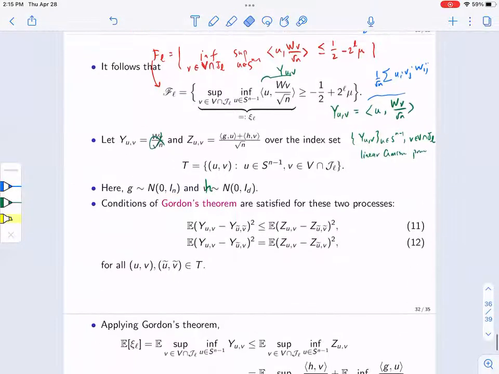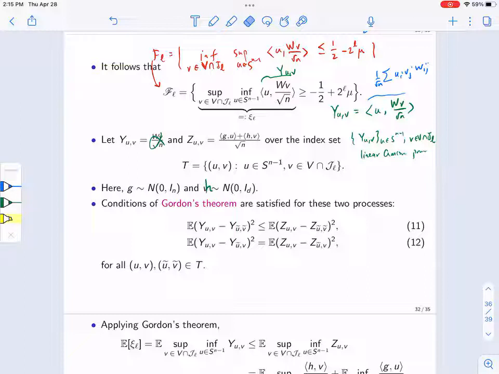Then we brought out this technical device, which I'm not proving, and I'm not giving you the exact statement, but the statement is what is there. It's a nice result that says that if you have two processes like Y_UV and Z_UV, both Gaussian and indexed by the same indices, and if these inequalities hold, then if I change both indices, in general this side is less than this side.